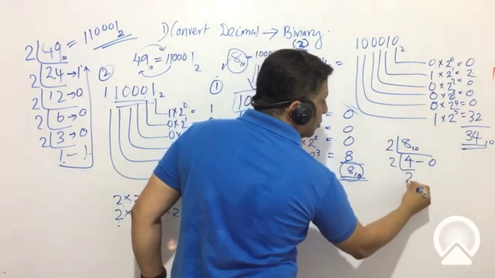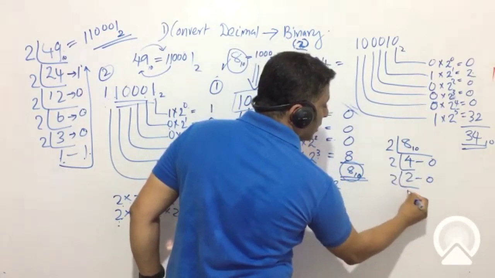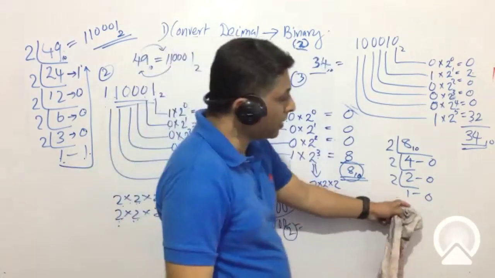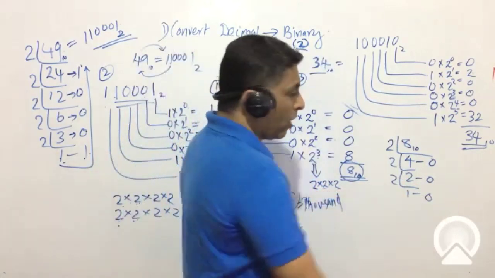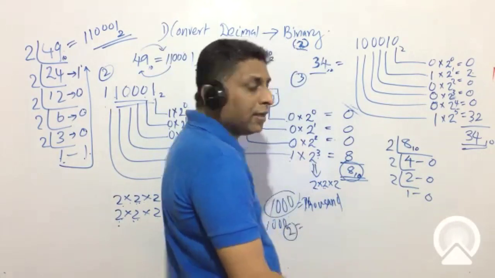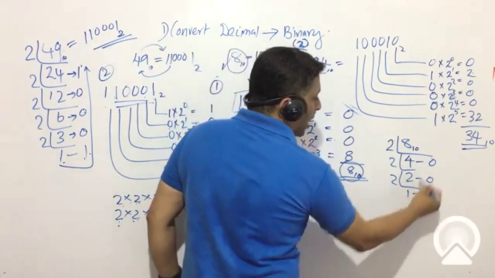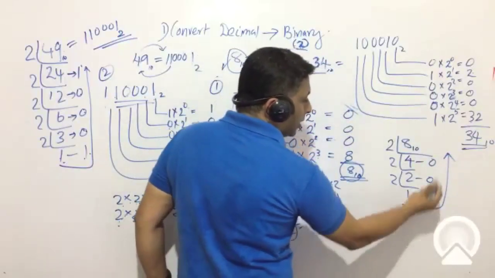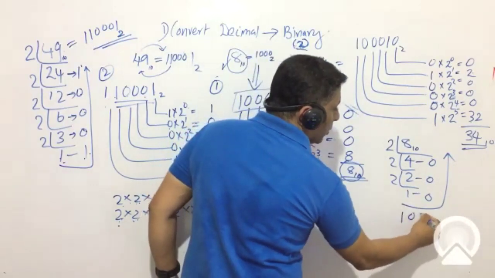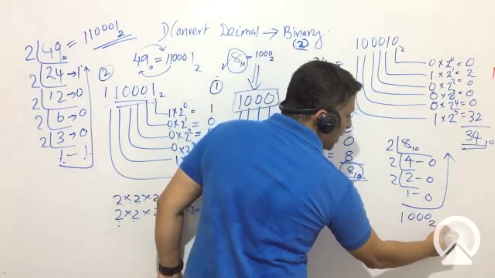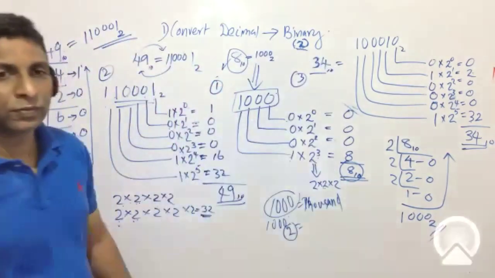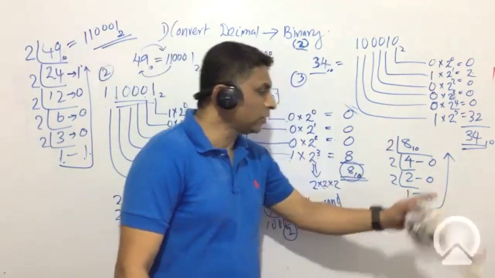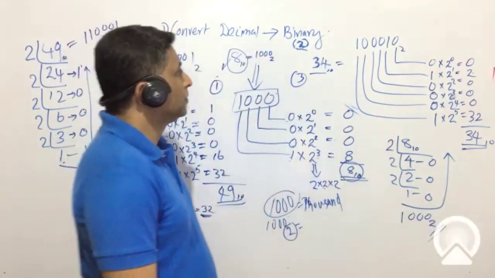Then 2, remainder 0. Then 1. You need to perform successive division until you get 1 or 0. I stopped here because I got 1. So the answer, written from the bottom, is the last remainder 1, 0, 0, 0 in base 2. That's a quick calculation. I converted 8 into base 2.